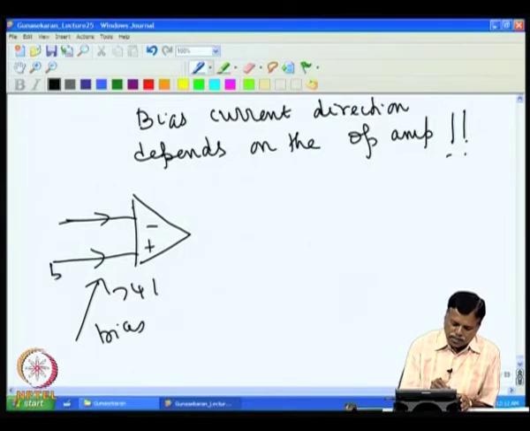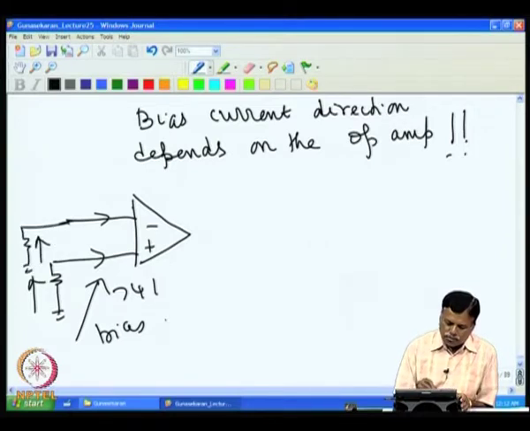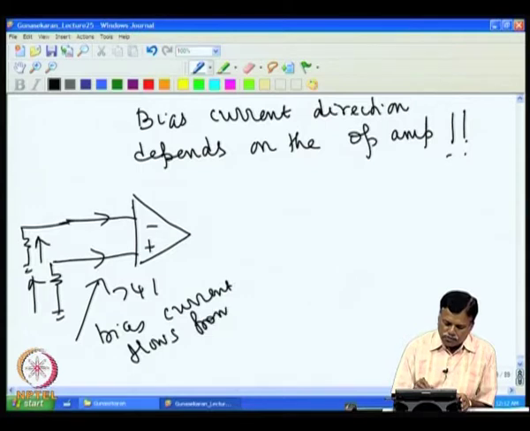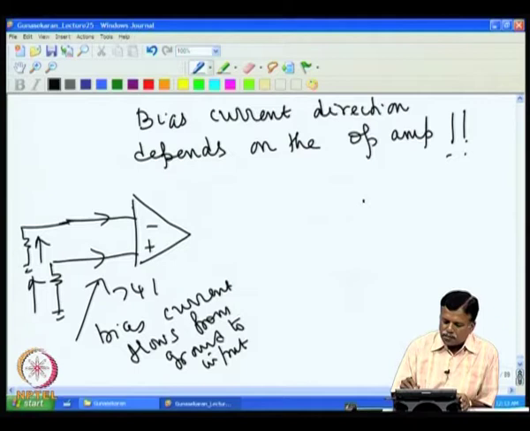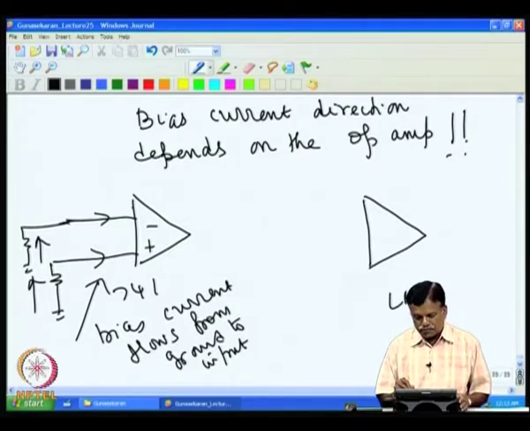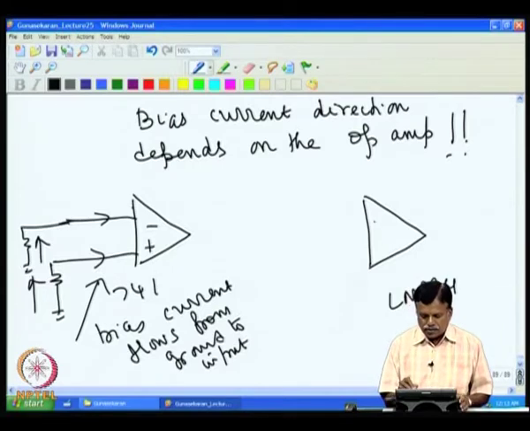For 741, if I take the resistance here, then the bias current actually goes in. Bias current flows from ground to the input terminals. For example, take another op amp, say LM324. In this case the bias current flows out.